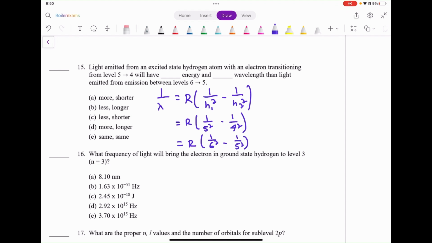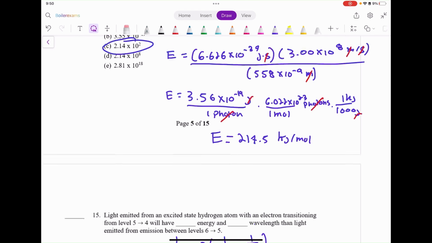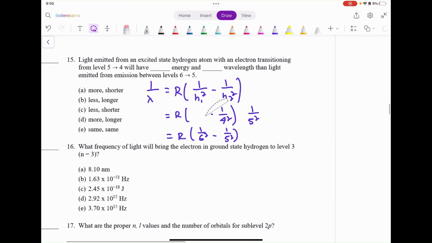Okay. So this is 1 over 25 minus 1 over 16. Oh, wait, I put them in the wrong sides. Oops. This should always be a positive number. Inside these parentheses should always be a positive number.